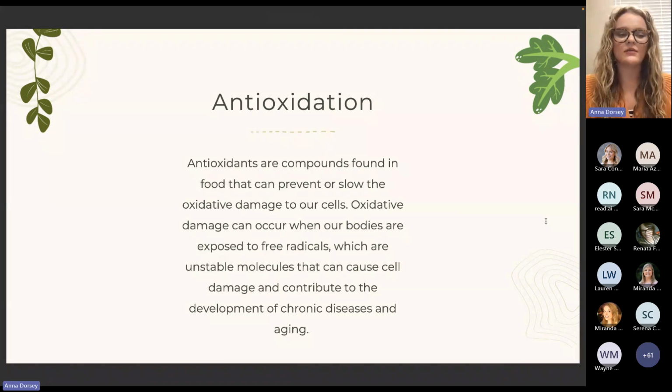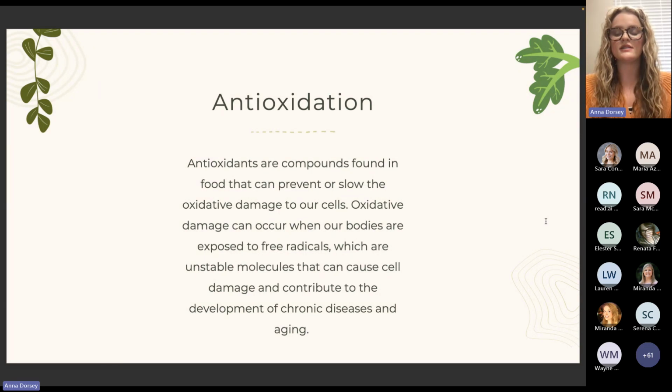So I want to talk a little bit more about this antioxidant effect of vegetables and fruits. These antioxidant compounds that are found in foods work by protecting the cell. And so it protects against the oxidative damage that occurs when our bodies are exposed to free radicals, which ultimately causes the cell damage.